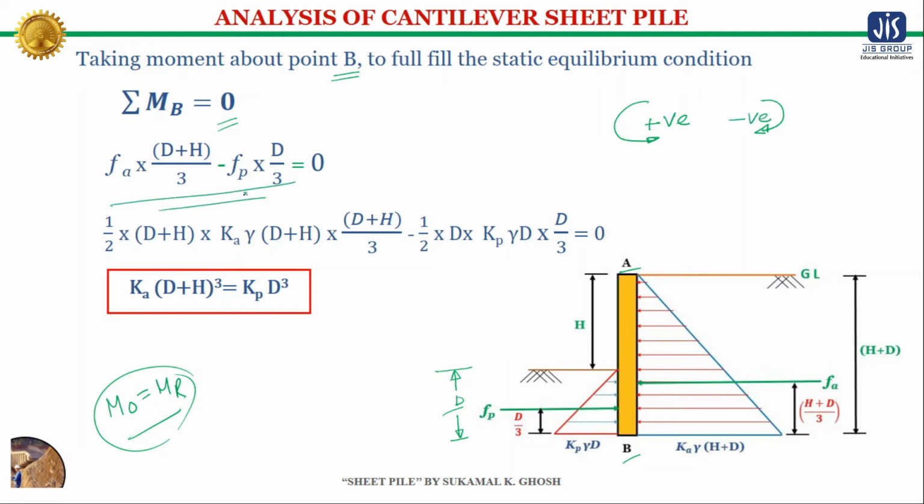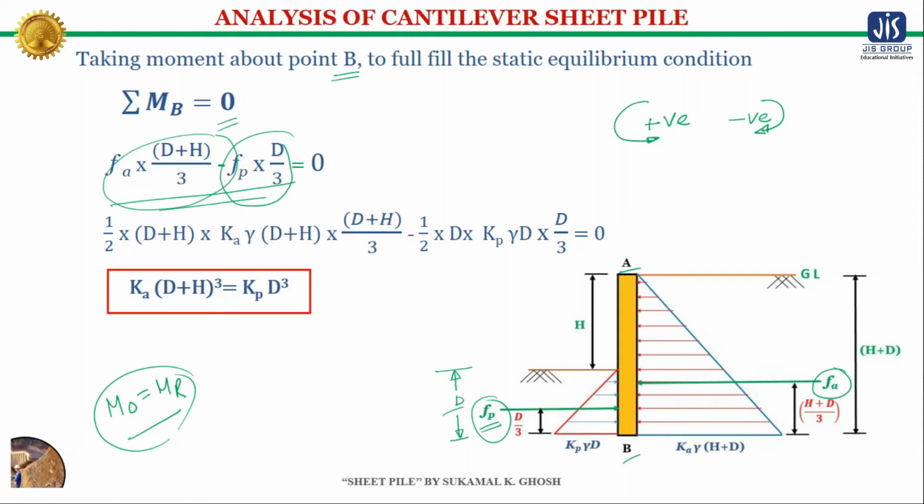This Fa is producing an anti-clockwise moment, so this moment is Fa into h plus d by 3. On the other hand, this Fp is producing a clockwise moment, that is Fp into d by 3.